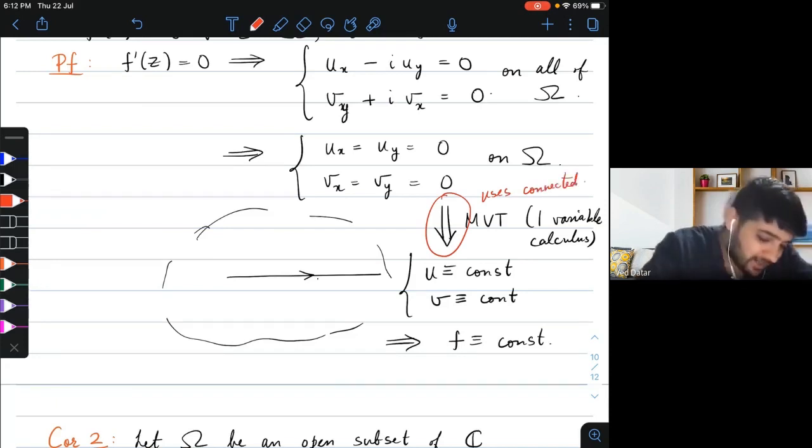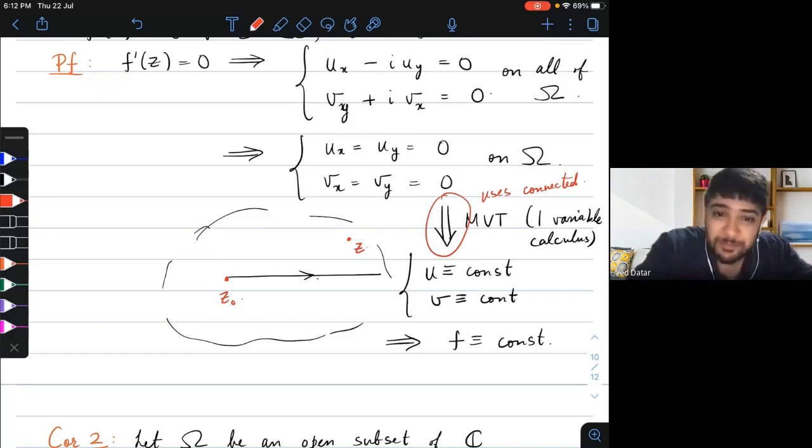Because the point is that, let's say you are at some fixed point z0, right? Now, suppose your set is connected, then you can connect z0 to z by some path, right?